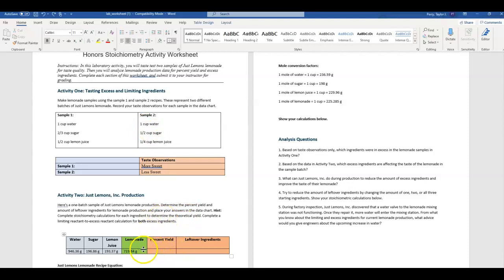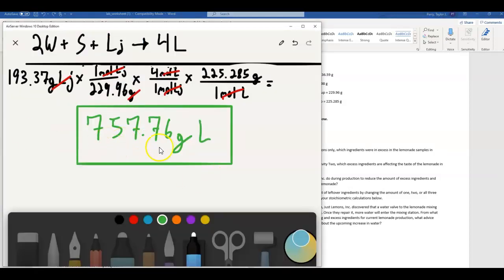We have to figure out the percent yield. So what we need to do now is look at our actual yield, which according to this was 719.84, and divide it by our theoretical yield, which we just found. This is our theoretical yield, right? So I'm going to do one more equation in this little corner over here.